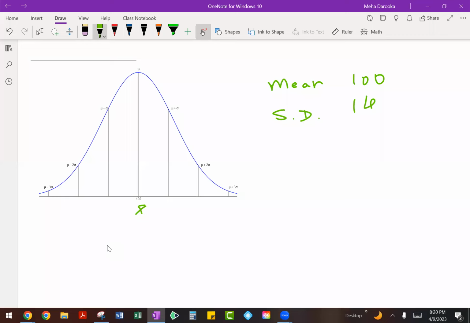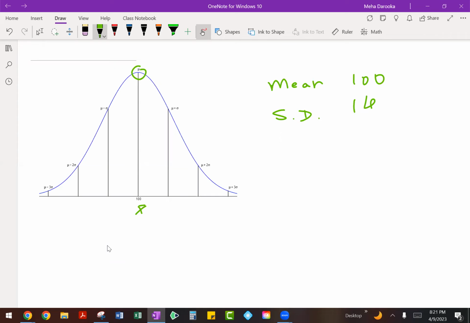That's X with a bar on top, which is normally what we use, or if we're talking about a population, you use the Greek letter mu, and we use the X bar if you're talking about a sample. Either way, your mean is going to be right in the center of your bell curve, and then you start adding or subtracting your standard deviation.